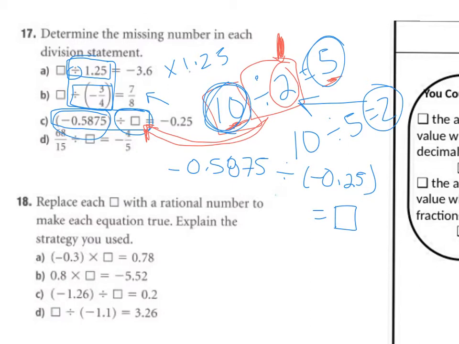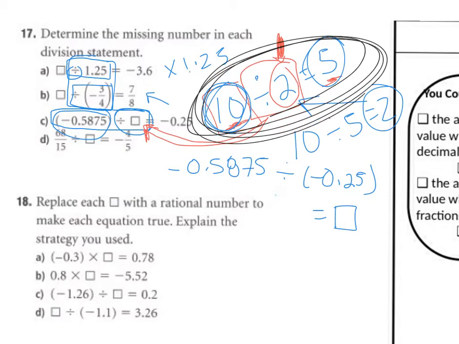I guess the whole reason I was showing you that is when I'm doing questions, I always try to think of the easiest question I can think of. How do I solve an easy question that I know the answer to without doubt, and then I apply it to something more complicated like 17C. So again, if that's a little confusing, come see me and I'll show you some more examples.